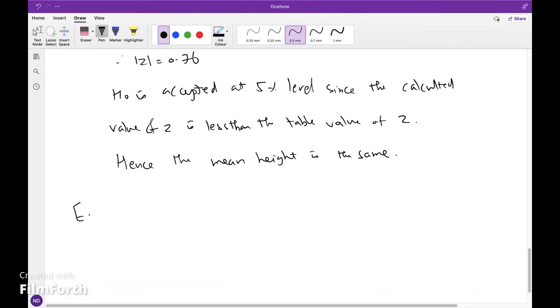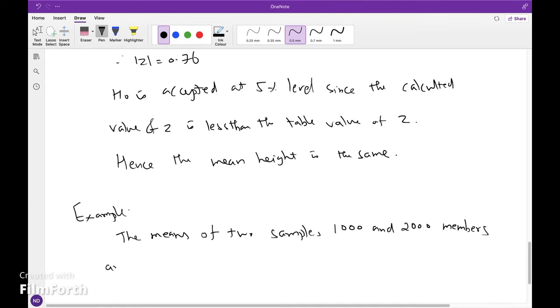Next example. In the previous problem, two means and two standard deviations were given. In this problem, the means of two samples of 1000 and 2000 members are respectively 67.5 and 68 inches.